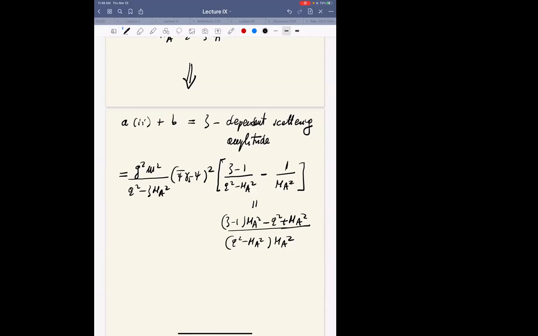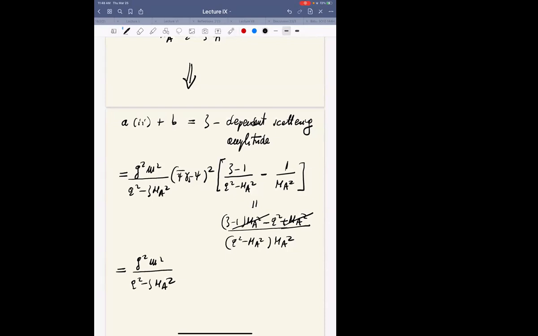Let's go on. Notice that M_A squared cancels, please, the second piece and this piece. And I get G squared, M squared, Q squared minus M_A squared. What do I get here?